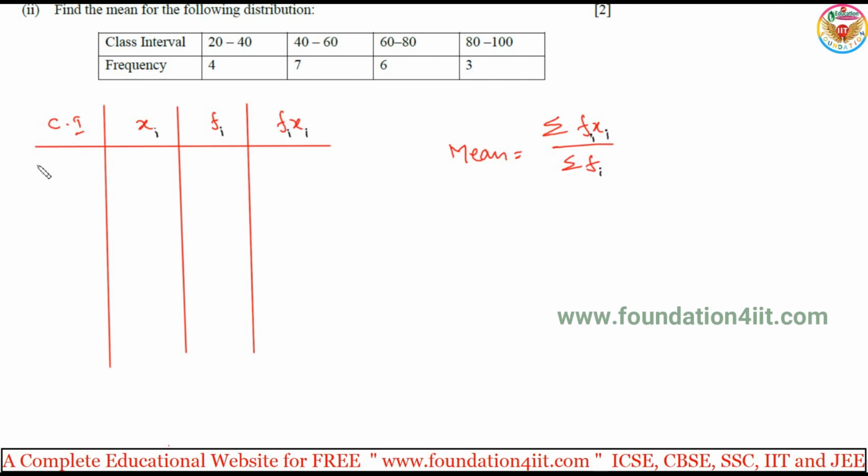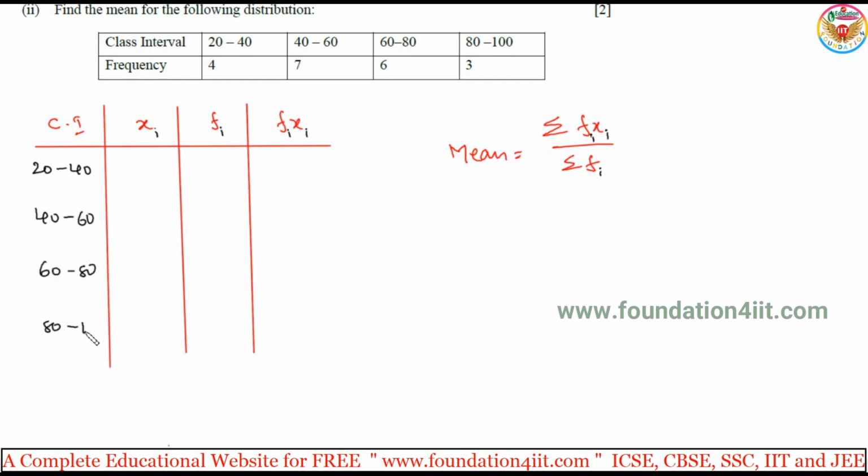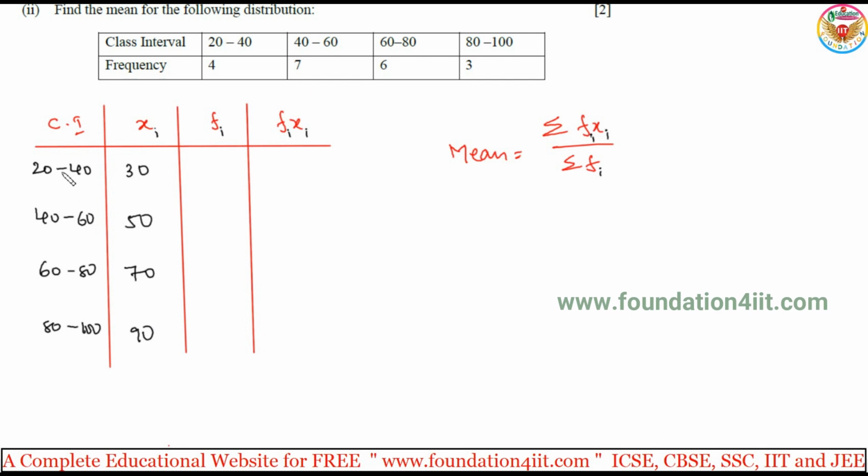So the class intervals are 20 to 40, 40 to 60, 60 to 80, 80 to 100. Then x is the mid value of this class interval. 20 to 40 mid value is 30, 40 to 60 is 50, and 70 and 90. If you don't know, add these both numbers and divide by 2.